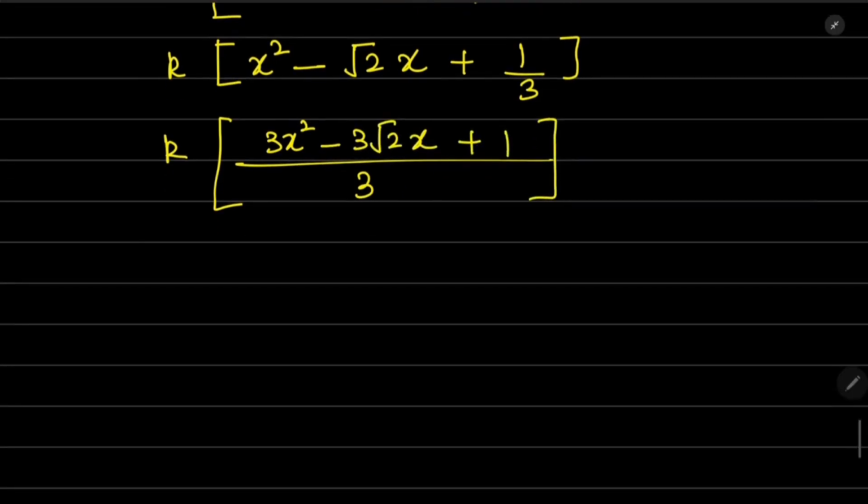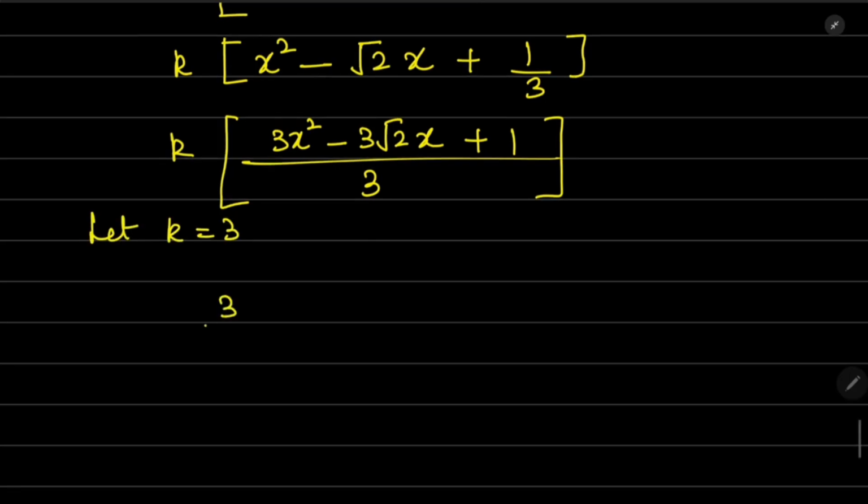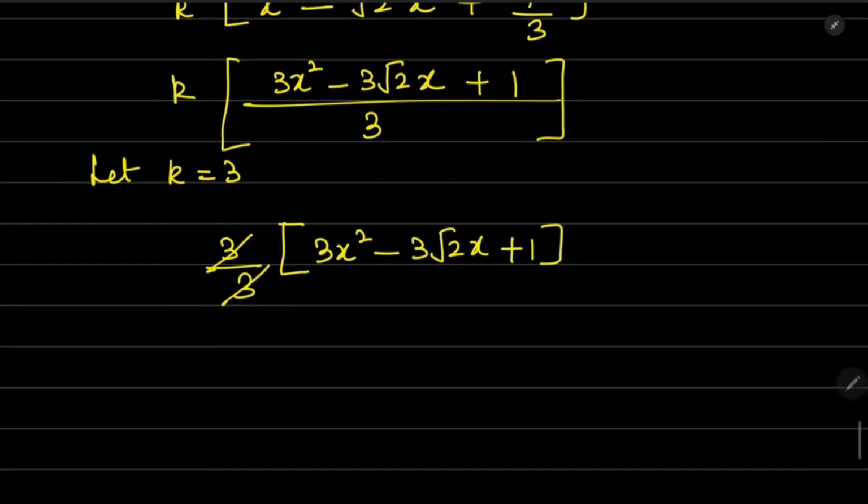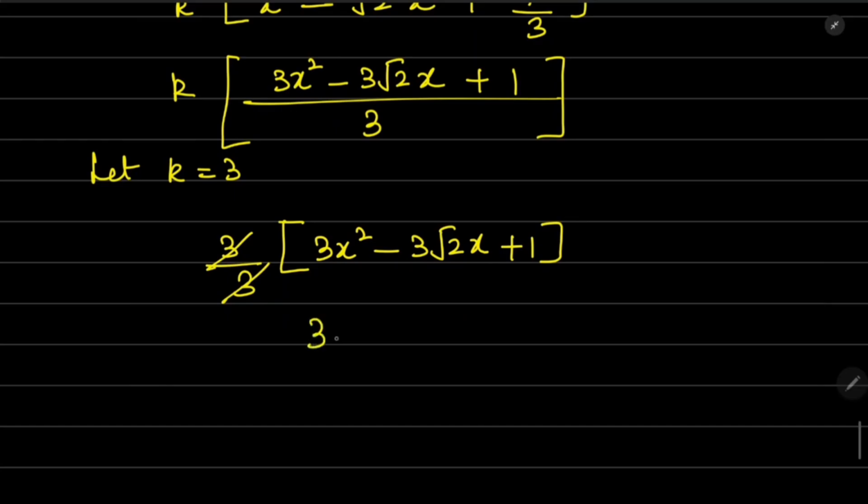Now you can take any value of k. I'm going to take 3, so let k equal to 3 so that I can cancel it out. So 3 by 3 multiplied by 3x square minus 3 root 2x plus 1. 3 and 3 get cancelled, and the required quadratic polynomial is 3x square minus 3 root 2x plus 1.